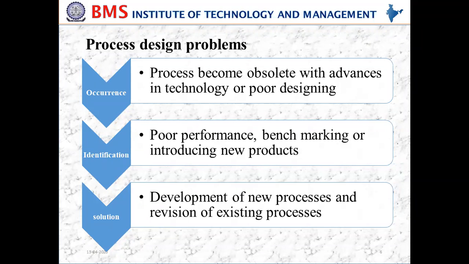Similarly, if I am trying to introduce a new product, the solution is to develop a new process for producing that kind of new product. So these two things are the solution for process design problems. Generally, process design problems occur because the process becomes obsolete with advances in technology, or because of poor designing.